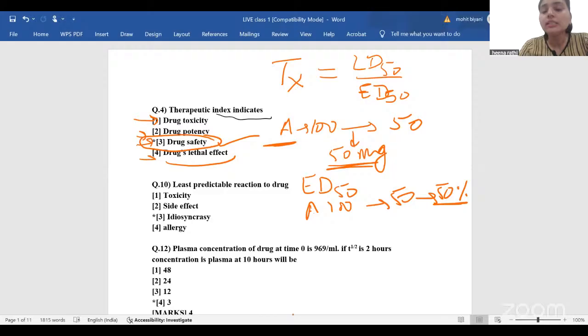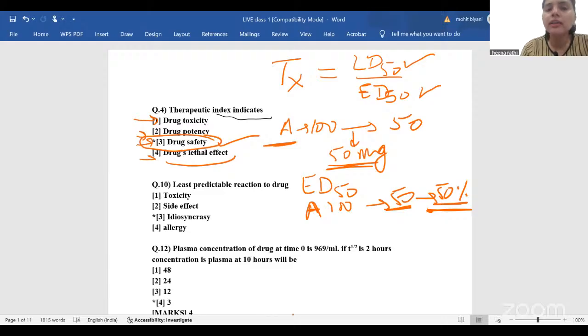So ED50 is the effective dose for 50% of the population. Like in this case, 50 milligram of drug A was able to have an effect in 50% of the population, and the ratio between the LD50 and the ED50 is called the therapeutic index.